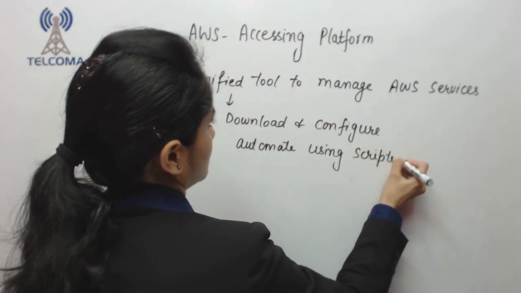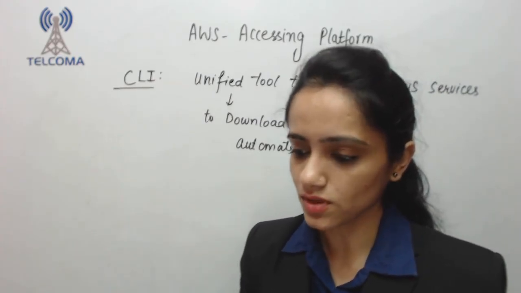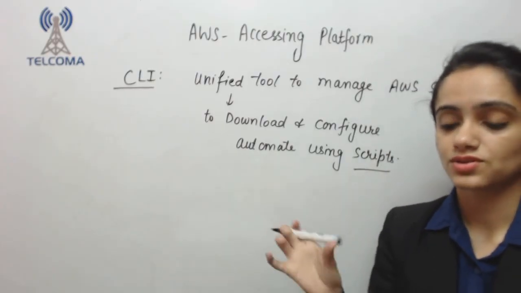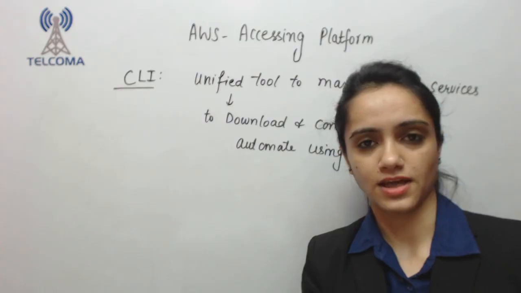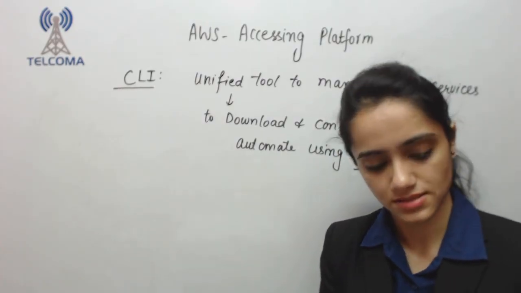So this is the function of the command line interface. That means this is one tool which is there to manage all the services. We have this unified tool, one tool to download and configure, we can use multiple services from it, and we can automate them using scripts.